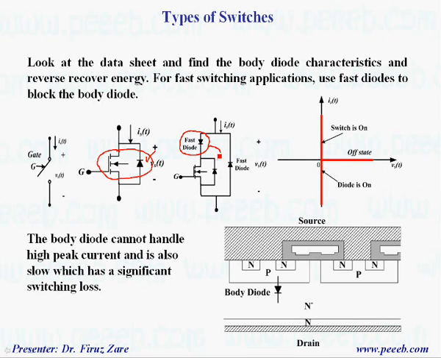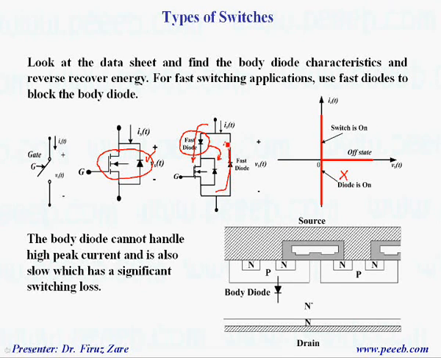So that means positive current can pass through this diode and MOSFET. And if we have to operate in this quadrant, that means blocking positive voltage and conducting negative current, then this fast diode can conduct negative current.